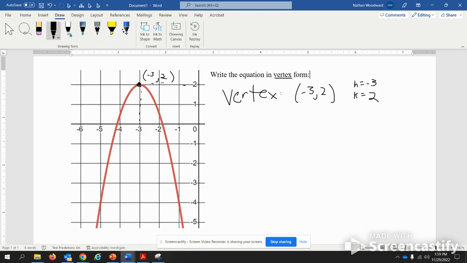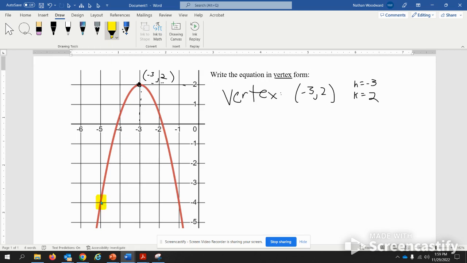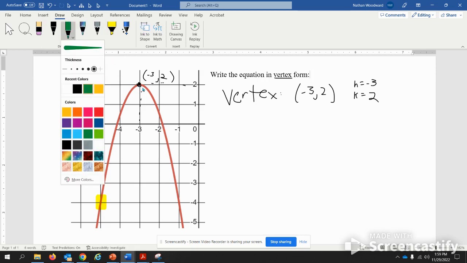So as we practiced in class, we need to identify another point that we can use to figure out our up and over, or in some cases, it's over and down. So I can see that there's a point right here. So let's try a different color.